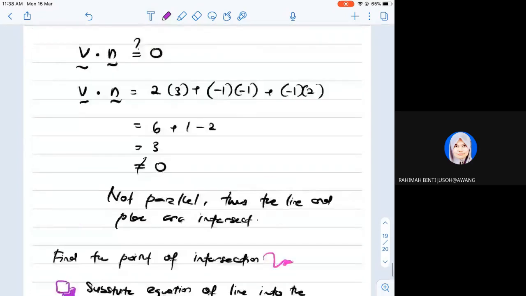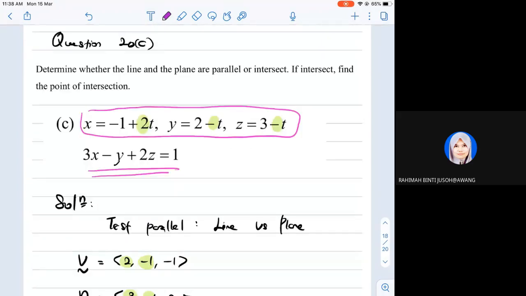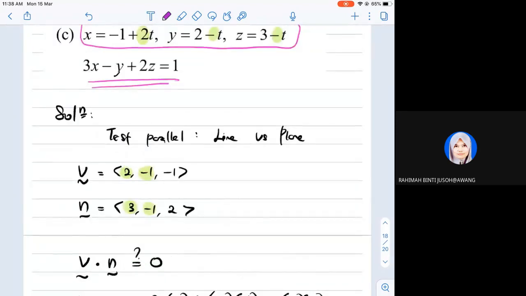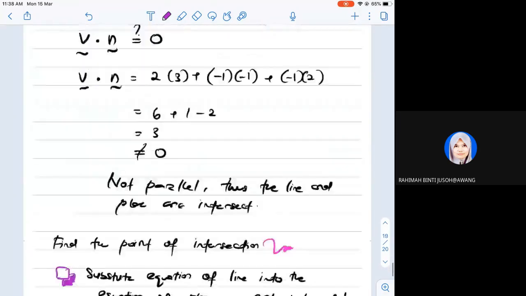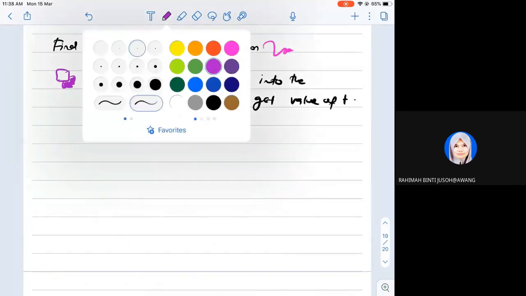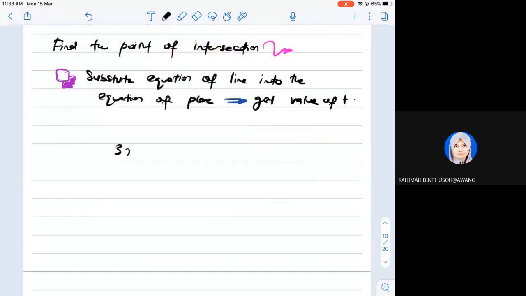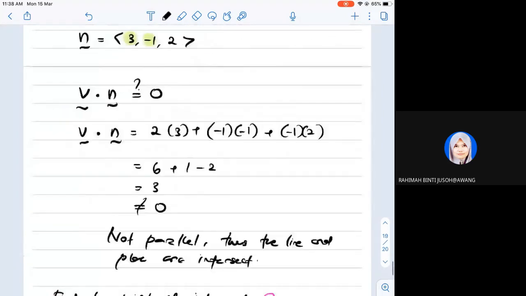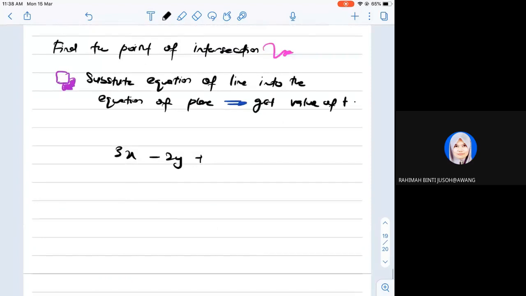Okay, so now we have x equals -1 plus 2t. Wait, let me write down the equation of the plane first. We have 3x minus y plus 2z equals 1, just now, right?